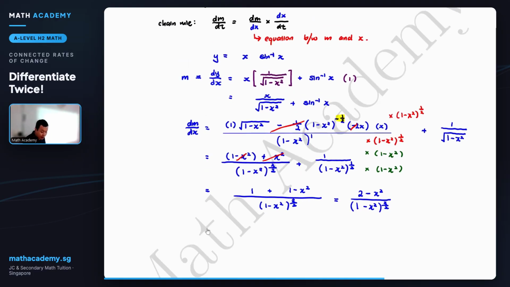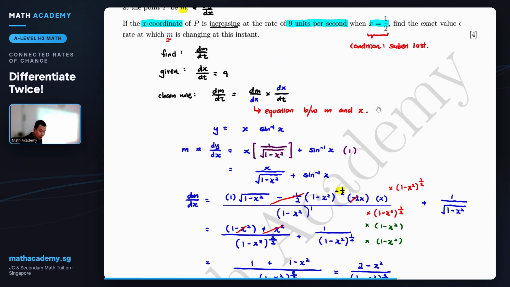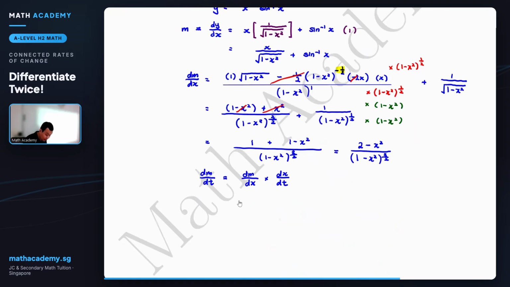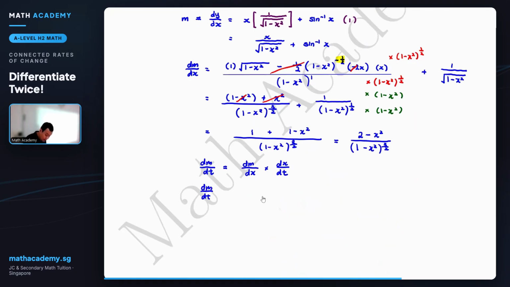Okay, let's now finish up with the chain rule. So I want to go for dm dt. We write in the chain rule first, dm dx times dx dt. Okay, what are the values that we are going to use? We haven't used the x is half and dx dt is 9. So we're going to sub in both together. Write in this notation at x is half. So we can come back to use our equation.